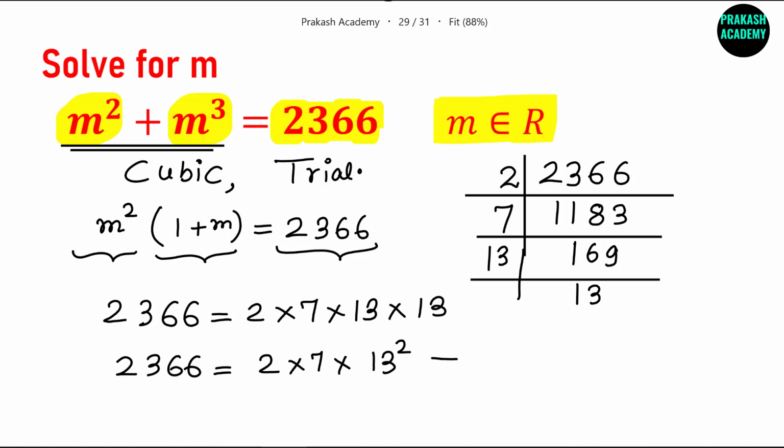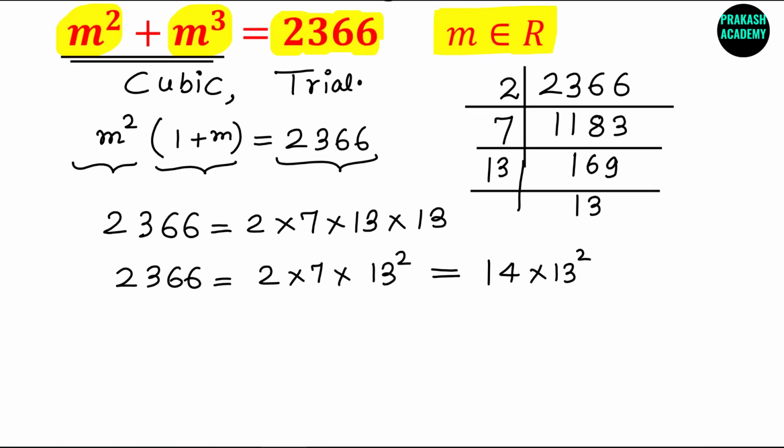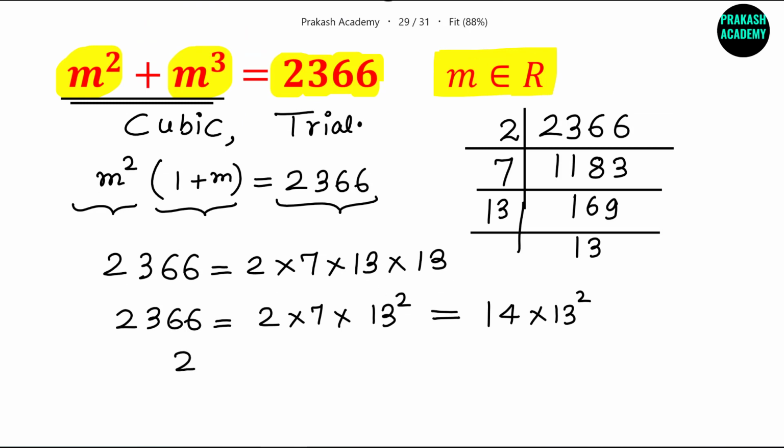Or we can also write 7 into 2 is 14, into 13 square. If I rewrite, then 2366 is equal to 13 square times 14.